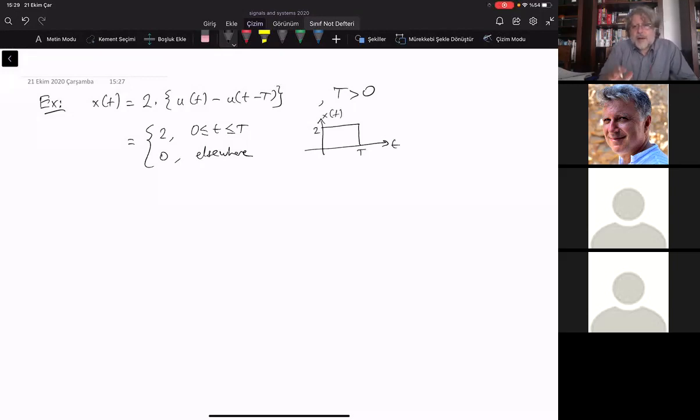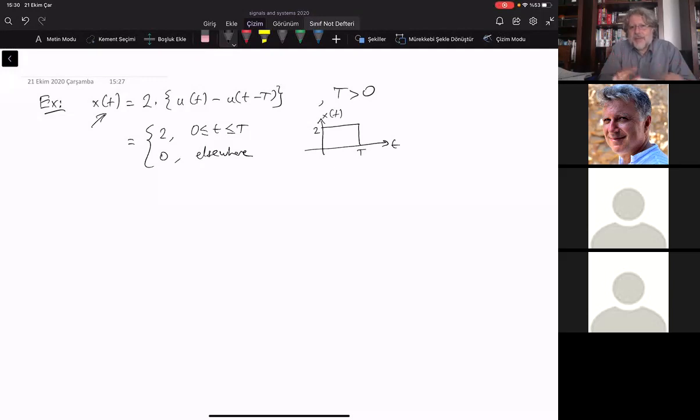Now, if you are unable to come up with this x of t graph from the expression that I gave at the top, then it means although you may know how to do further convolution, you won't be able to solve the question because you didn't understand the input signal.